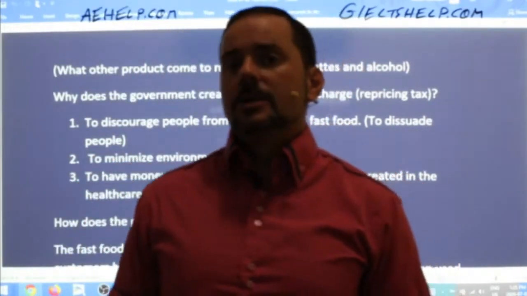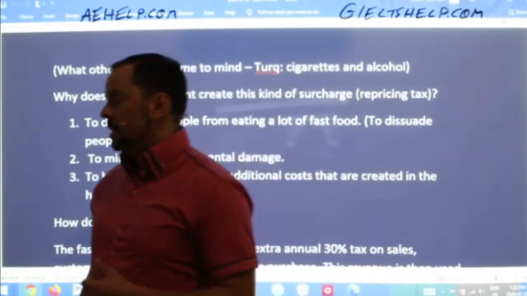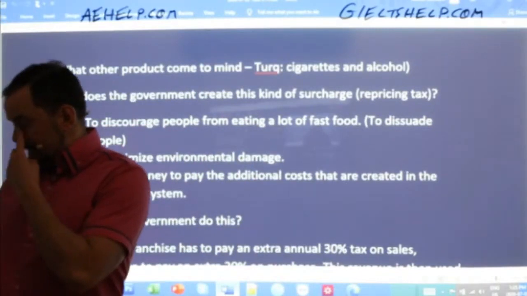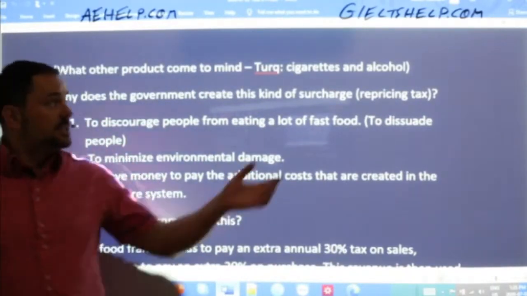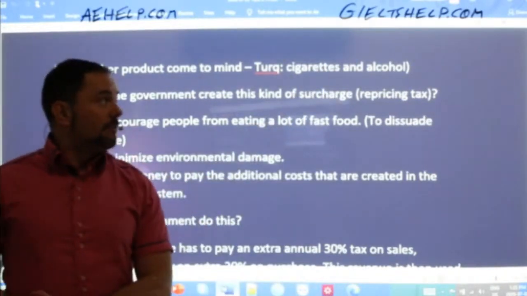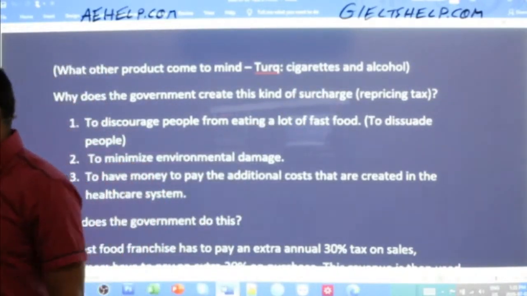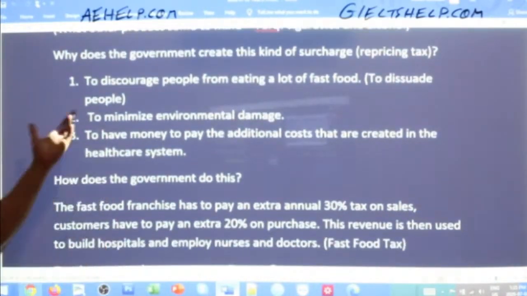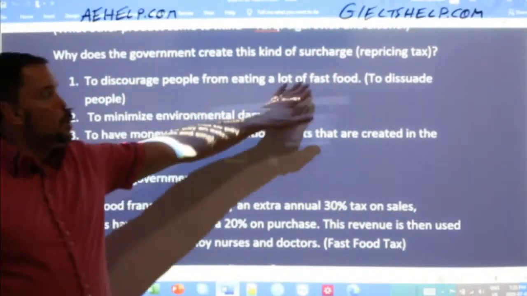So products that don't really benefit society but create harm, such as cigarettes and alcohol. And these days, of course, there's a lot of debate for creating these kinds of taxes for fast food as well as sugar, different kinds of sugar. It's causing a lot of problems. Okay, so we came up with a couple clever ideas here of why the government would do that. One was to discourage people from eating a lot of fast food.